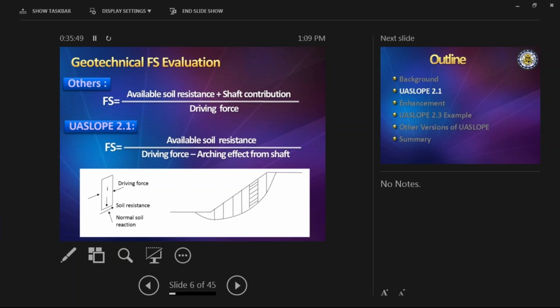But in the UASLOPE computational algorithm, we look at it as the equation shown below. So basically, the contribution of the drill shaft is one that helps to reduce the driving force due to the arching effect.